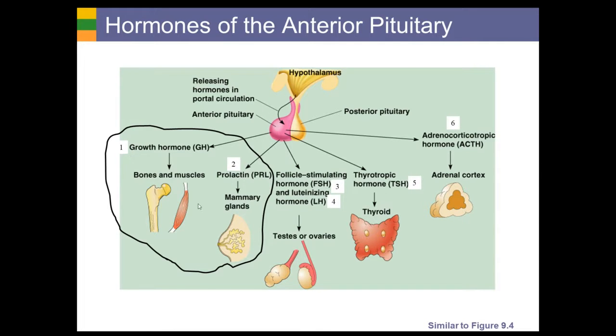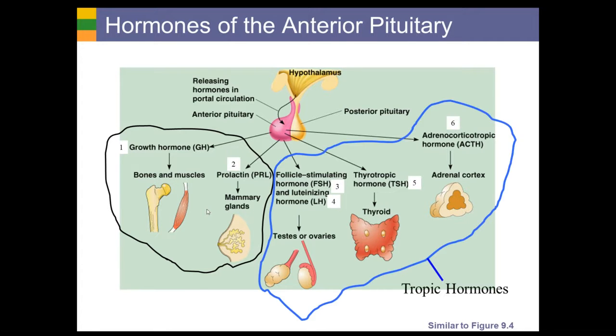Growth hormone and prolactin are not tropic hormones. They affect tissues and glands that don't produce hormones. However, these 4 are tropic hormones. Follicle stimulating hormone and luteinizing hormone target the testes and ovaries, and those organs produce sex hormones.